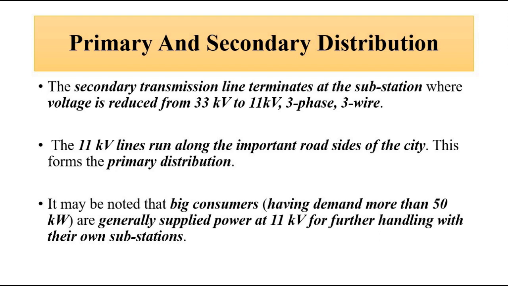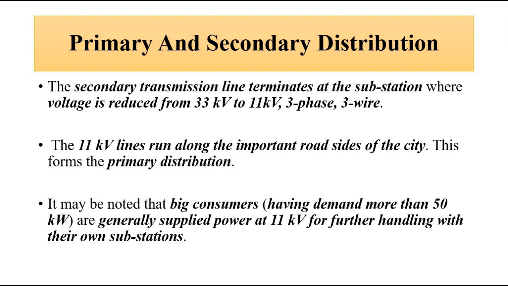So depending on that, for big consumers the supplied power at 11 kilovolt can be stepped up with their own circuitry. At the industrial sectors, they have their own circuitry which steps up the power, and then it is altered, whether AC or DC, with the help of required circuitry. Generally the power electronic components have their own circuitry.